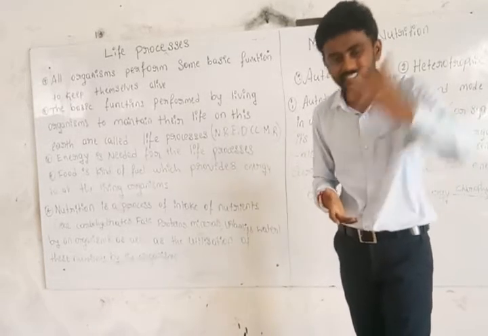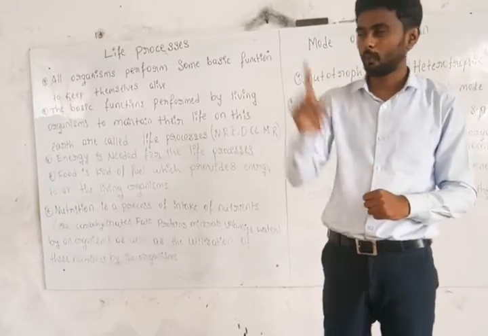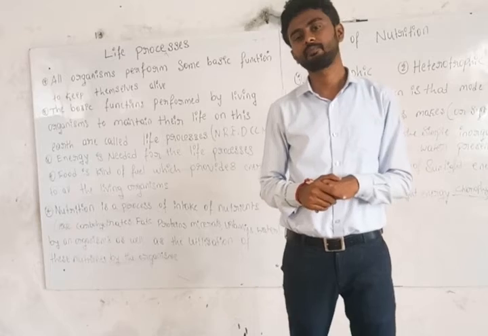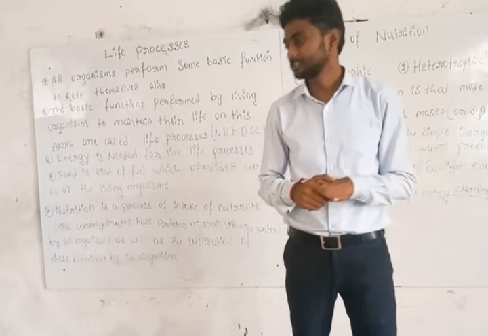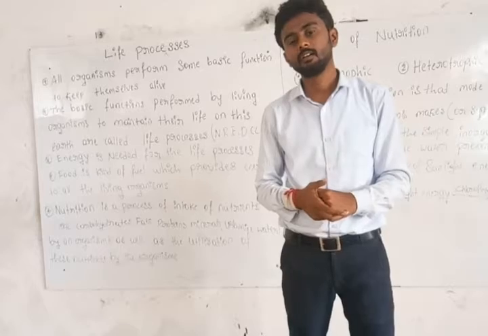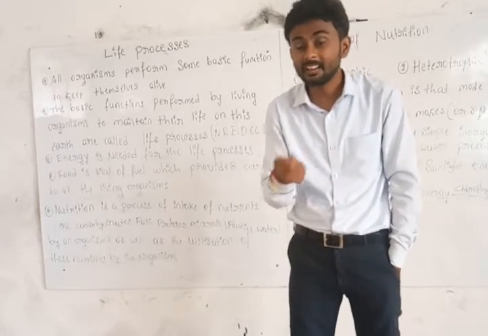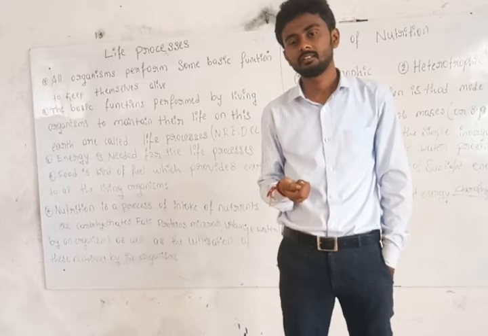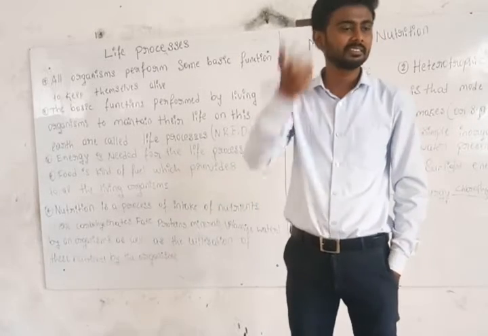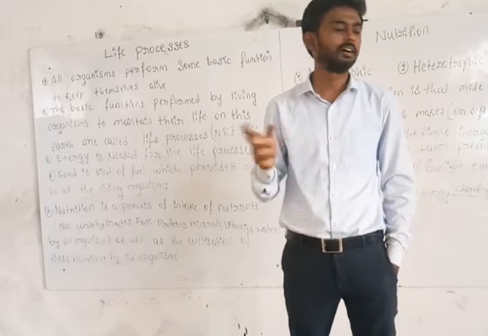You can see, first of all, in the Earth system, there are two types of components. One is the abiotic component, another one is the biotic component. What do you mean by biotic? What do you mean by abiotic? Biotic means these are living things, for example animals, plants, birds, microorganisms.